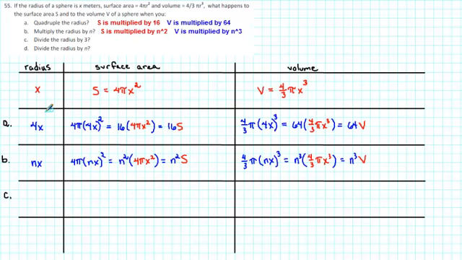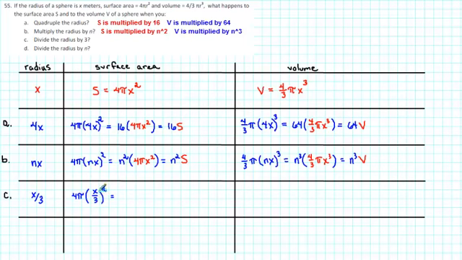For part C, we want to determine what happens when we divide the radius by 3. When we divide the radius x by 3, we get x over 3. So we substitute x over 3 for r in the surface area formula. We get the expression 4 pi times the square of x over 3.